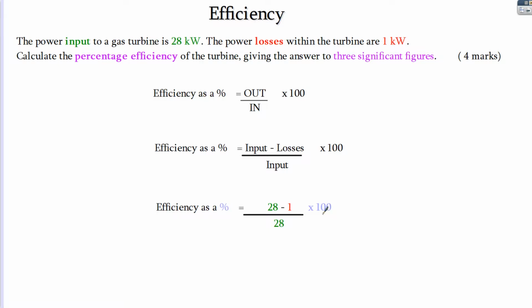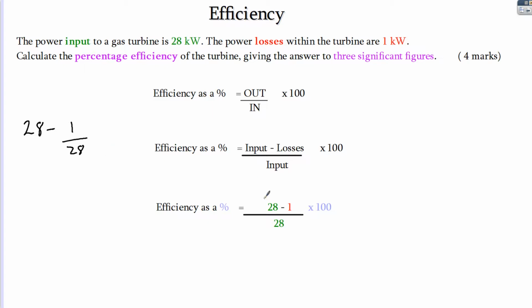On a calculator, because of BODMAS, if you type in 28, take away 1 divided by 28, without brackets, what your calculator will do is say 28 take away 1/28th, which is completely wrong.